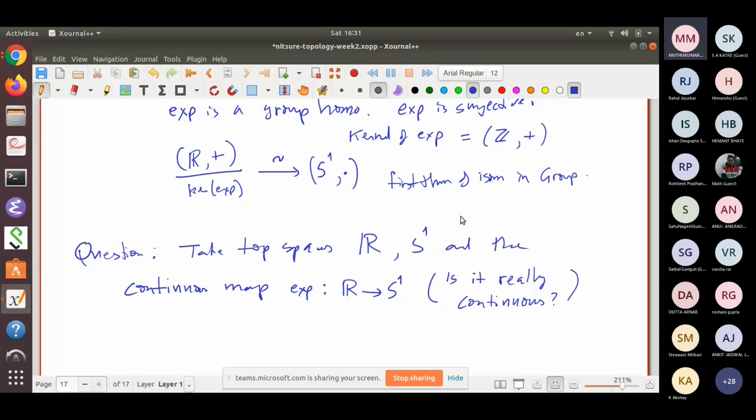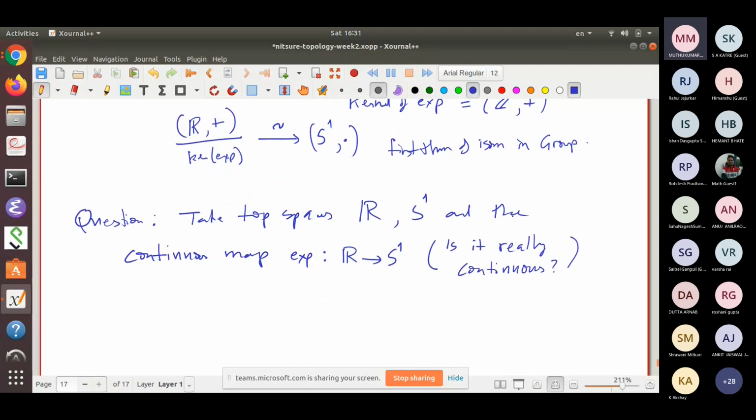And so it defines a holomorphic, or complex analytic, map from C to C, therefore definitely continuous, and its restriction to these subspaces is therefore continuous. So the answer is yes. Now the second question: is exp a quotient map?